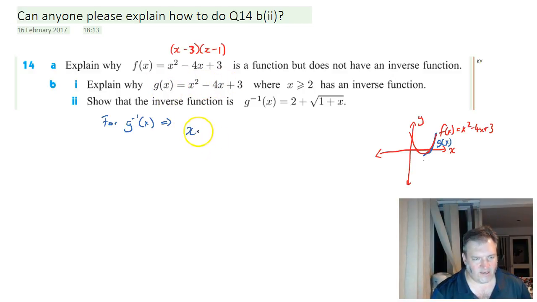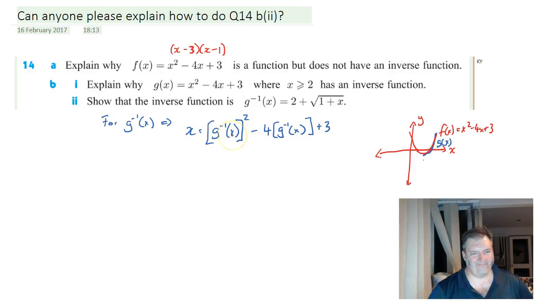So I would say x equals g negative 1 of x squared minus 4 times g negative 1 of x plus 3. That's the new equation. How do we rearrange that to try and get g negative 1 of x on its own? Well, let's start by subtracting 3.